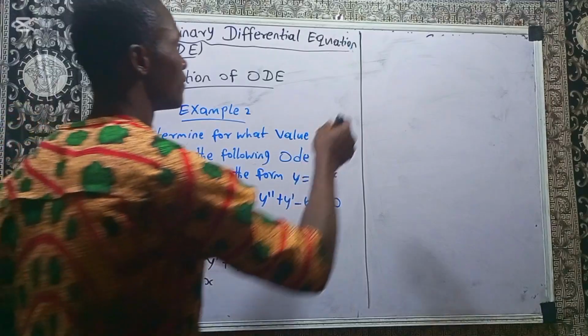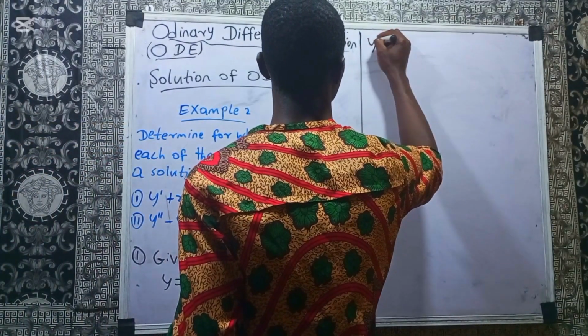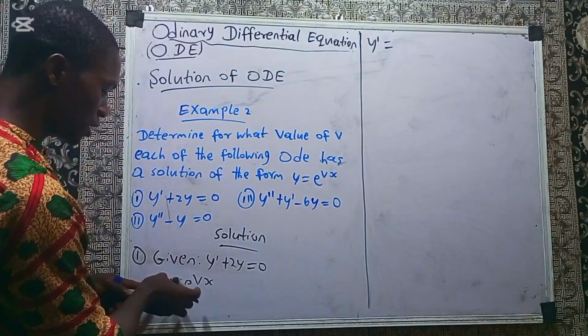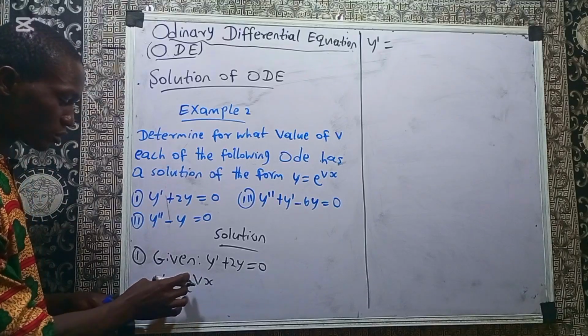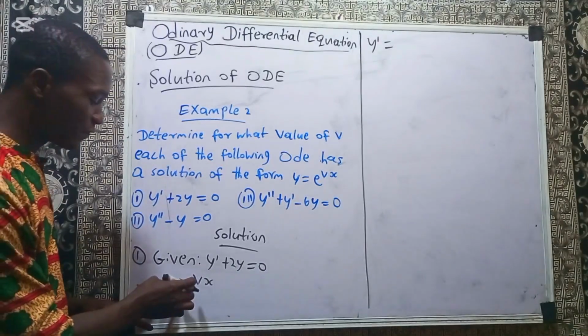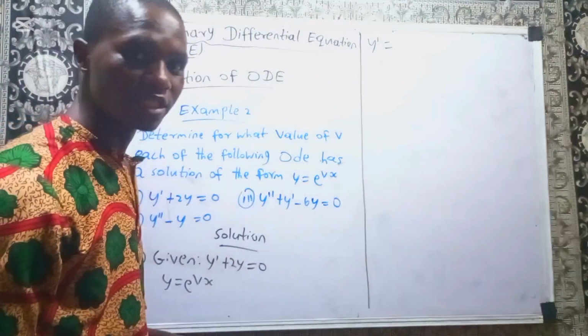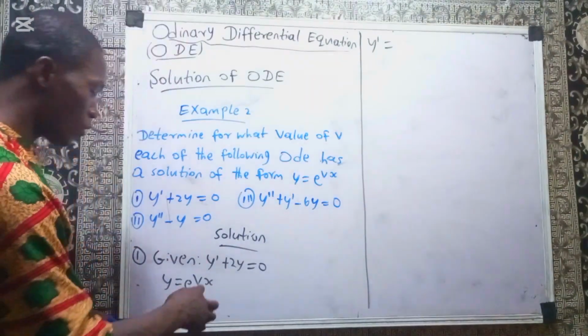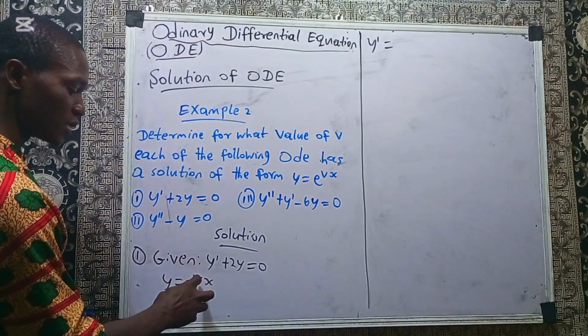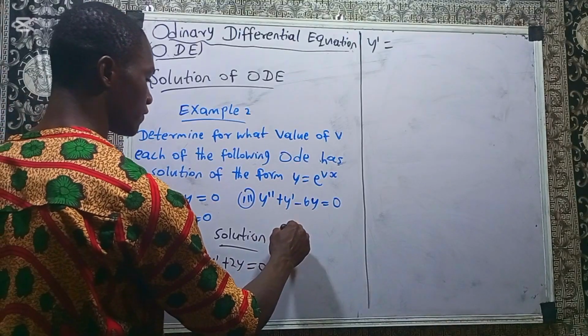So we are going to have y prime. If you differentiate exponential vx, how do you differentiate the exponential function? You differentiate the exponent. What's the exponent? The exponent is vx.